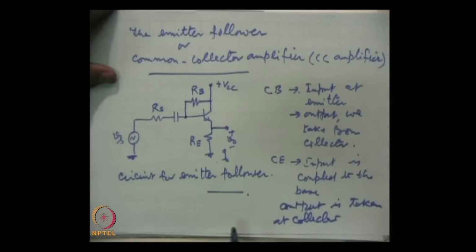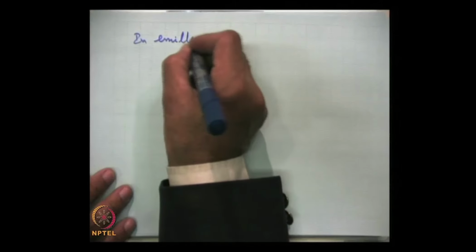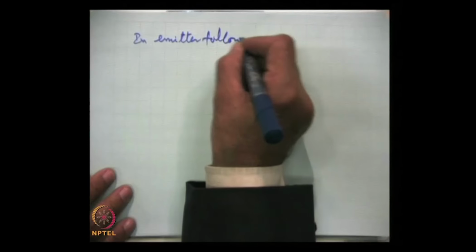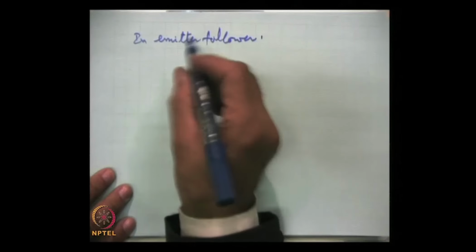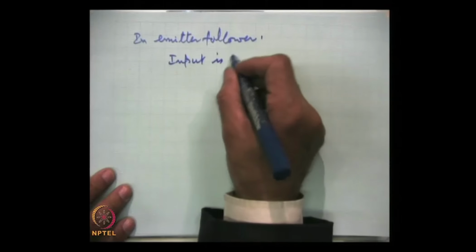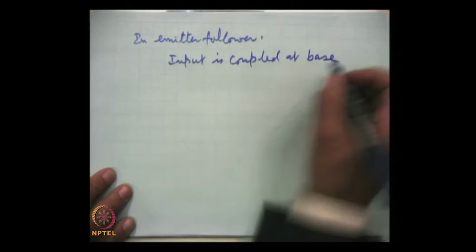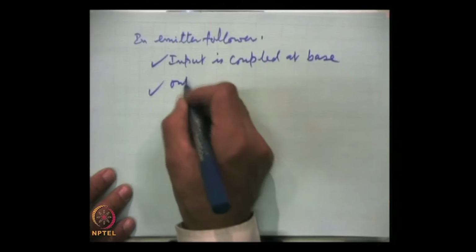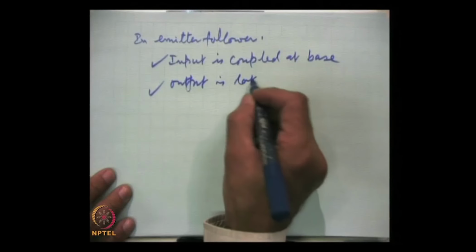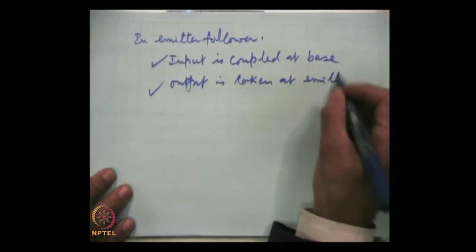In this case, the input is at the base and the output is at the emitter. In the emitter follower, the input is coupled at the base of the transistor and the output is taken at the emitter.